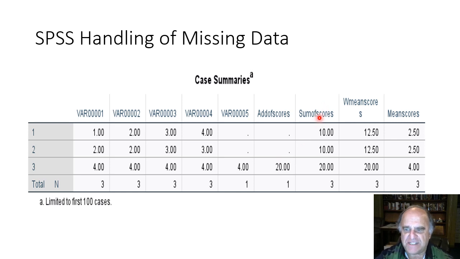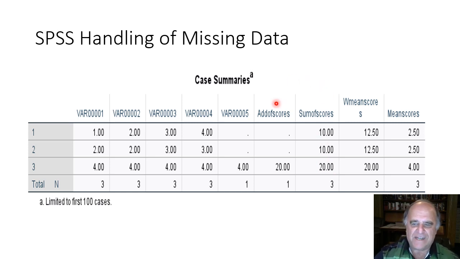Now, if we had used the sum of scores instead, it would calculate the sum even if we have missing data, which might be what we want, but might not be. If this is a test, we might say, hey, if you miss an item, if you don't do an item at all, you should get penalized for not doing it. It should count against your score. So maybe we believe these sum of scores are 10 of 10 correct. But you can see the difference.